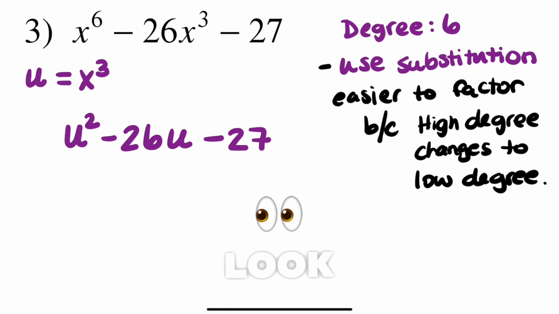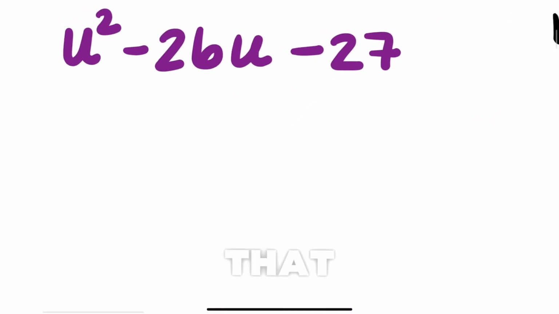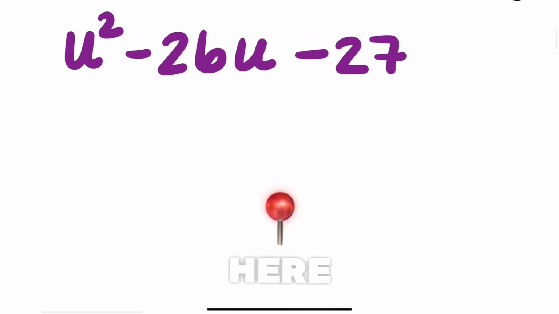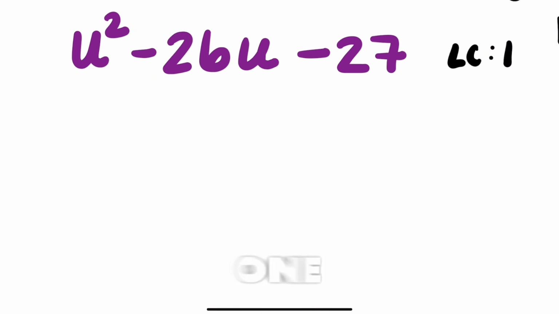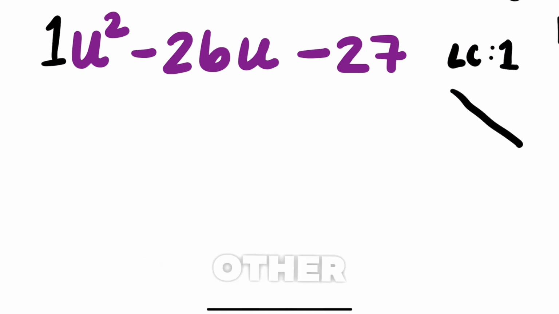Now, look at this very simple trinomial that I'm sure you know how to factor. Here, the leading coefficient is 1, right? We have an invisible 1 out front. So since the leading coefficient is 1, you would factor this using trinomial factoring, or in other words, known as the X method.